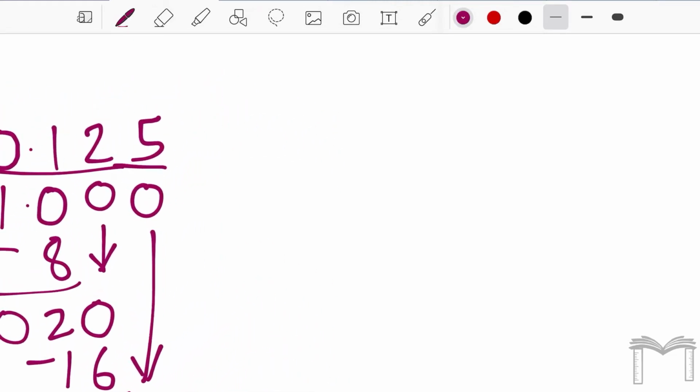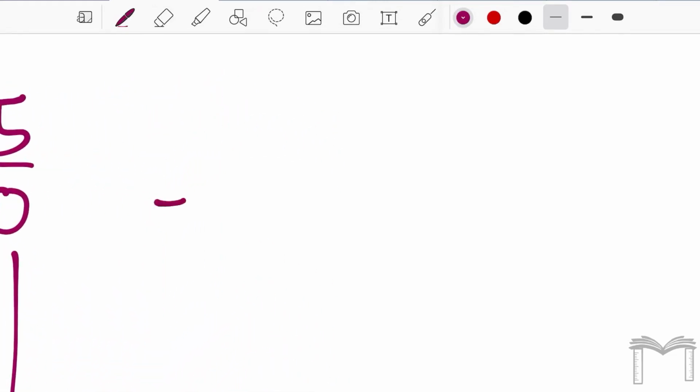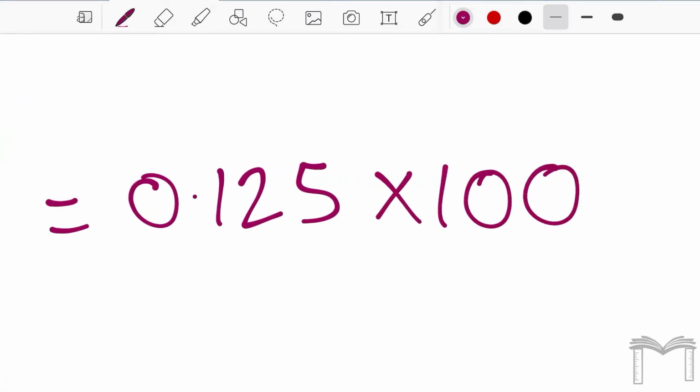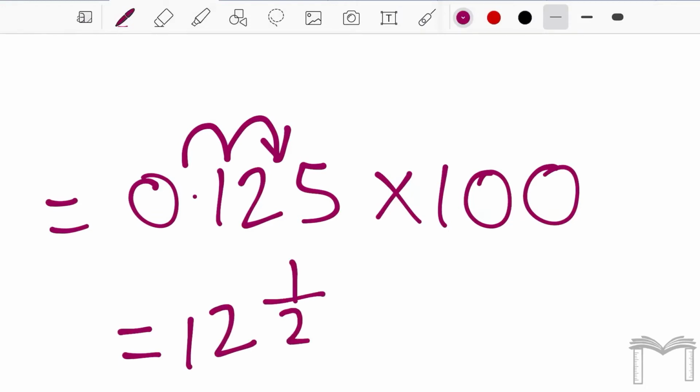So that gives us a decimal value. We can multiply this by 100 to get this as a percentage, and this will give us 12.5%.